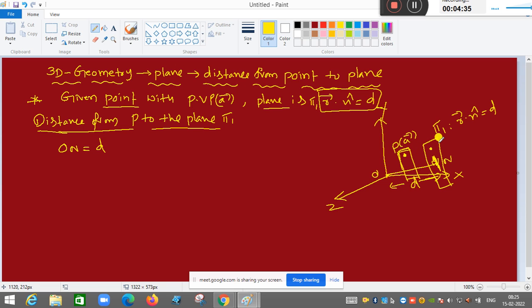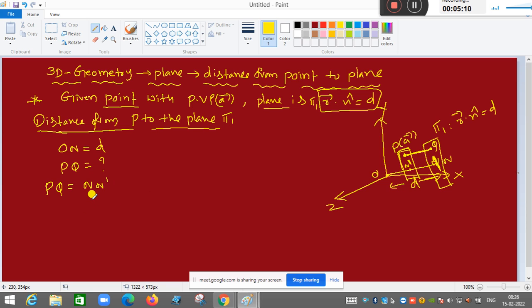This point is some Q. Join them; we have to find PQ. PQ equal to n bar, this distance.